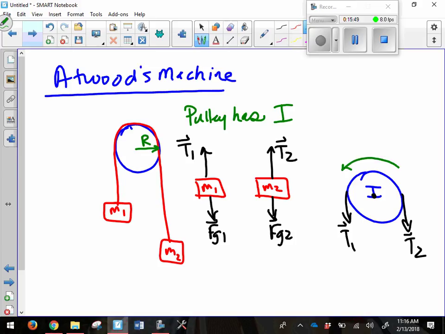So this direction has to be positive for the pulley, which means that that direction has to be positive for M1, and this direction has to be positive for M2. So that when everything moves this way, everything is moving in the positive direction. Okay, which is really the key to dealing with an Atwood's machine or anything that involves a pulley, is that everything's moving in the same sign direction.